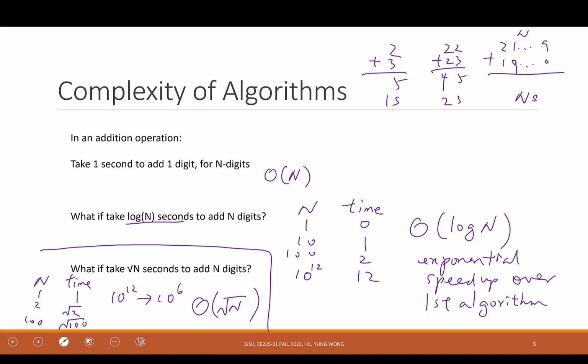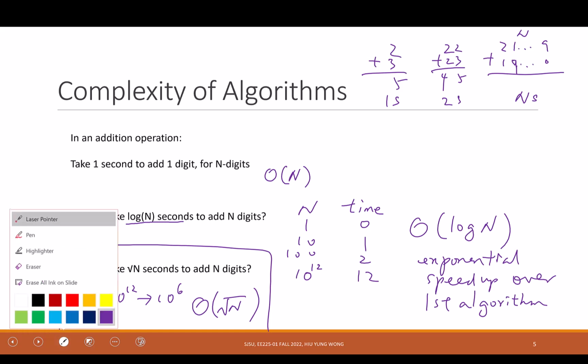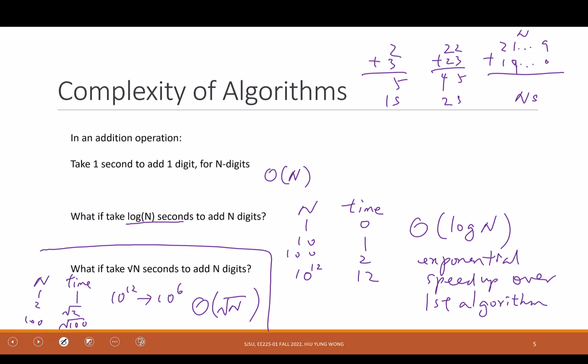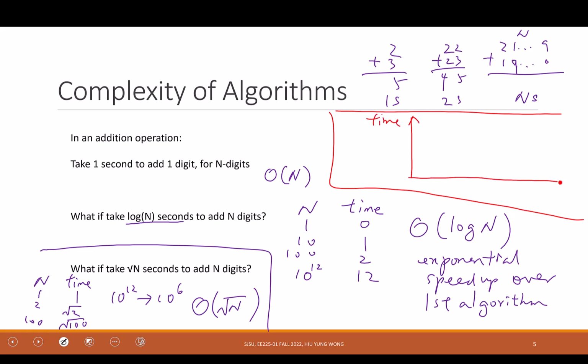Now, if you try to plot this figure, sorry, it's not very well organized here. This is the time, and this is the n. If it is linear, now I'm going to plot in this way, then you understand.